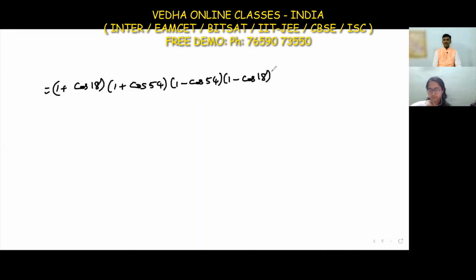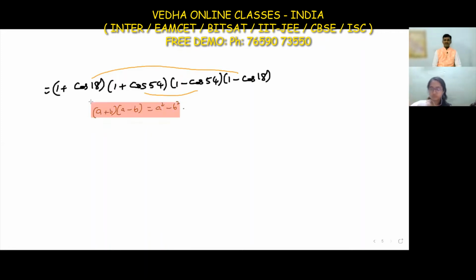Now here we can apply the formula a plus b into a minus b is equal to a square minus b square.